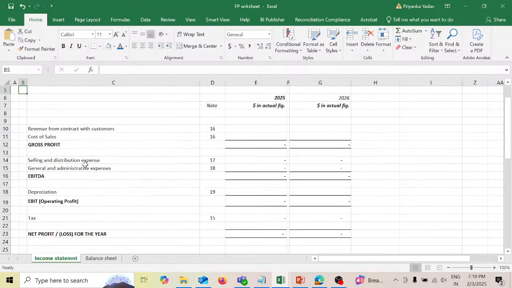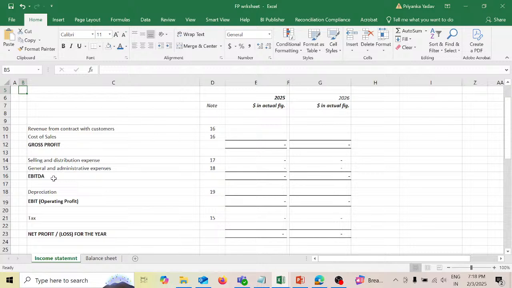Then you have selling and distribution expenses, and general and administrative expenses. These are known as operating expenses. When we deduct operating expenses from gross profit, you get EBITDA. This is earnings before interest, tax, depreciation, and amortization.